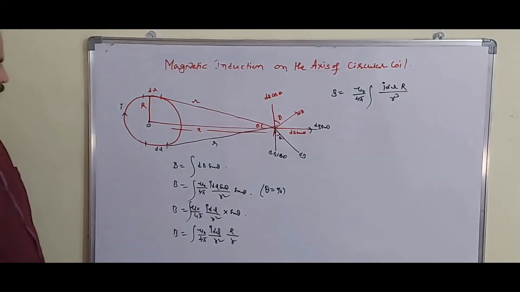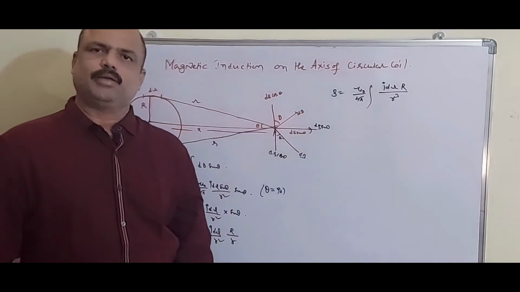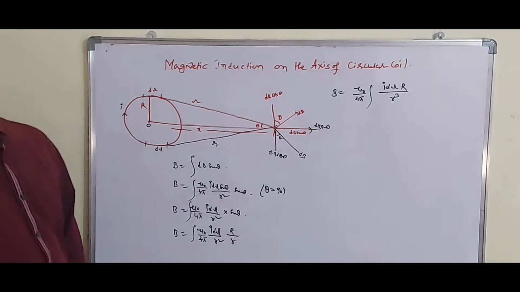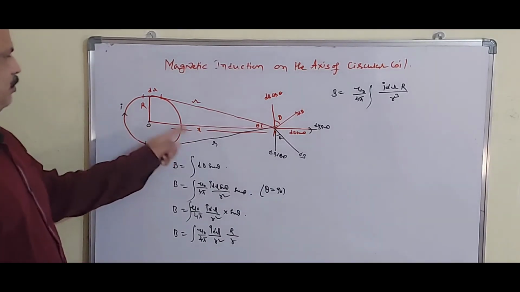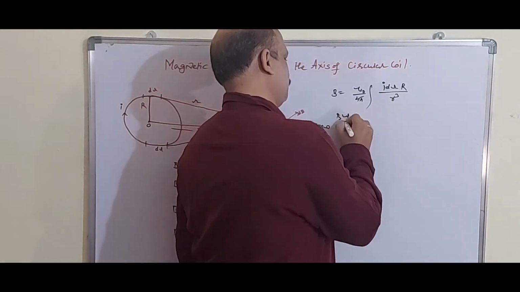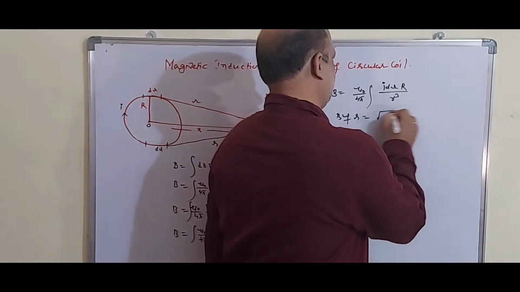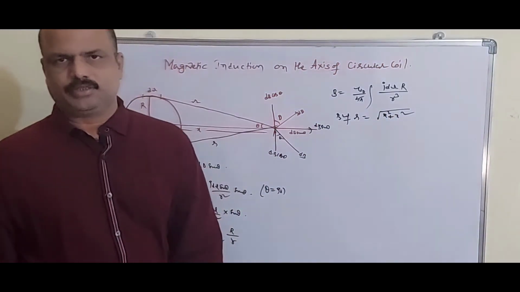Here small r is equal to the square root of R square plus x square, from the Pythagoras theorem.